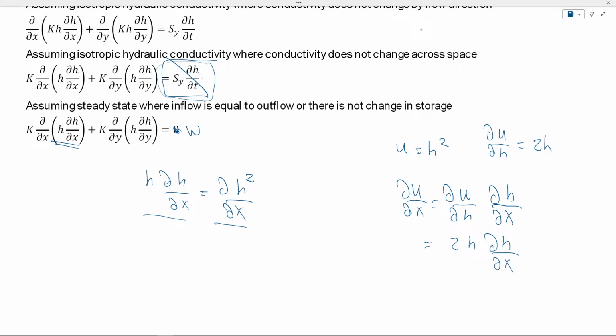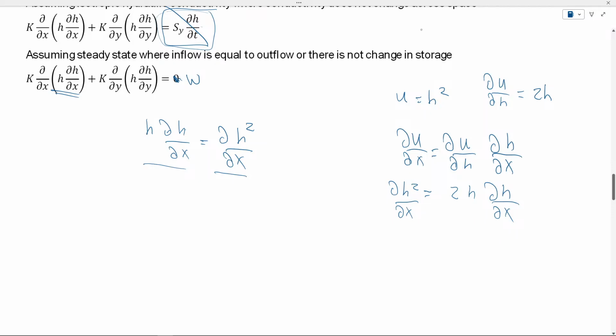And what is u? u is h squared. So partial h squared over partial x is equal to 2h times partial h over partial x. So this is what we want: partial h over partial x is equal to 1 over 2 times partial h squared over partial x.